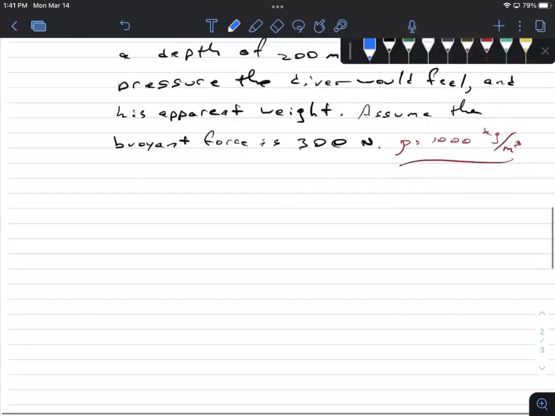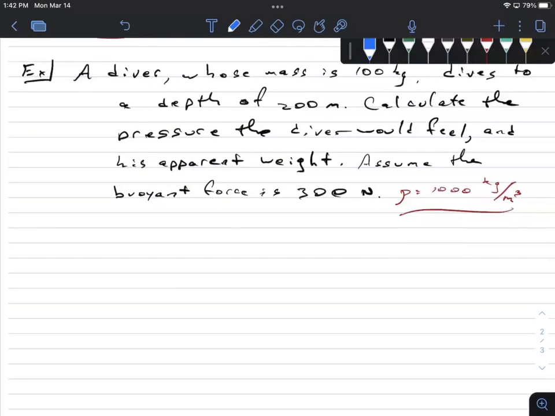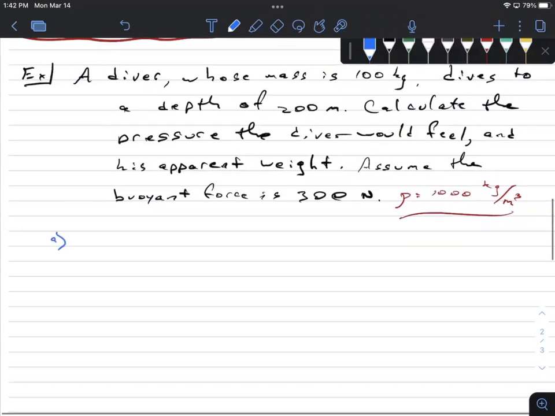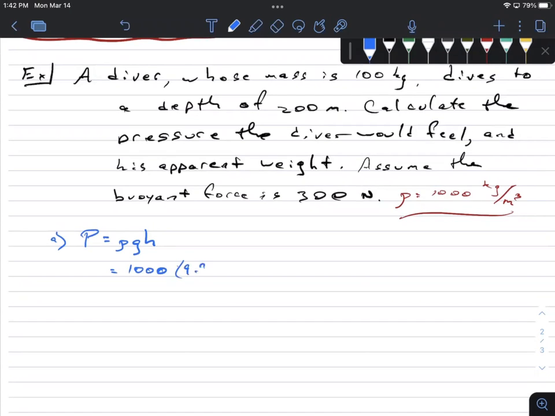All right, so firstly, part A, in order to calculate the pressure on an object due to its depth, it's very easy. Pressure is rho times g times h. Rho, we're assuming the diver is diving in water, is 1,000. G is 9.8.